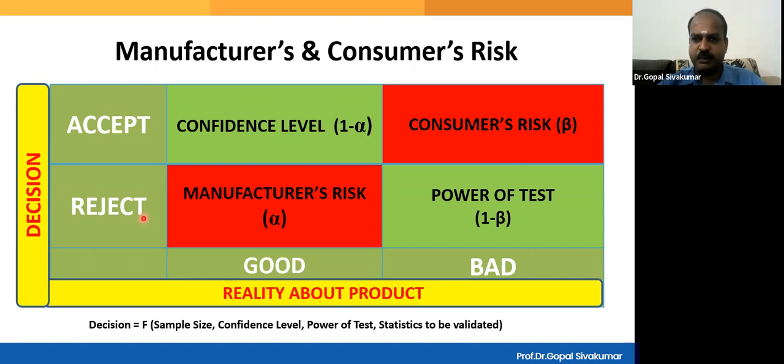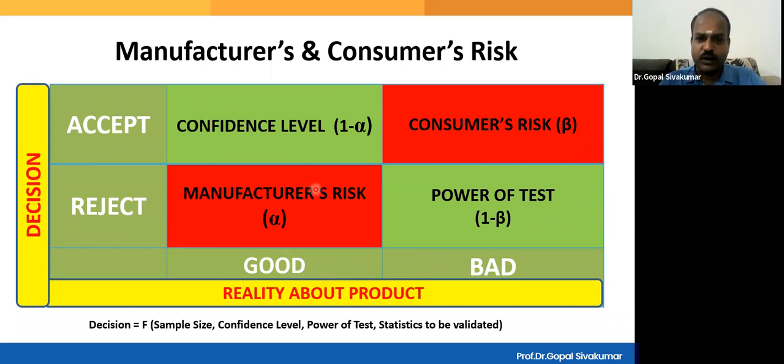That means a sample is studied, and in the sample some defects are noticed, and based on the sample they rejected the entire lot. But the reality is the entire lot is extremely good, but in the sampling they observed a few defects. These are all possible, right? And as a result, a good lot is rejected due to a bad sample.